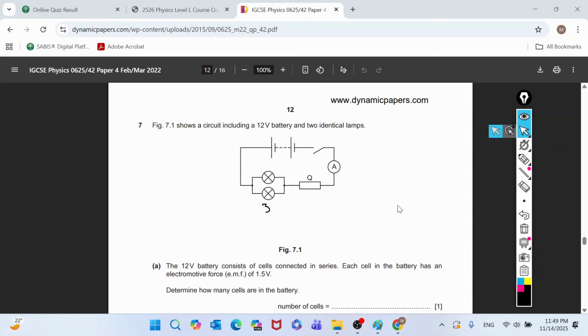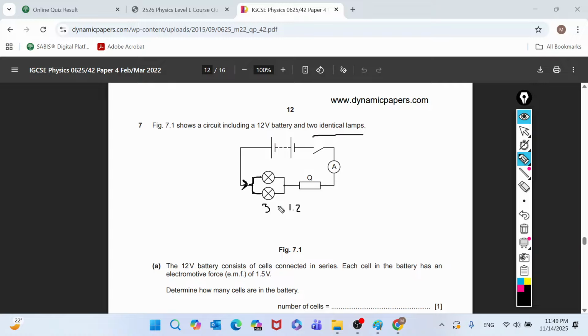The current is 2.4, yeah. But 2.4, it's for both of them. It's 2.4 here in the circuit. Right, guys? Don't make this mistake. But they said it's identical lamps. So the current splits equally between them. So it's going to be the current is 1.2.